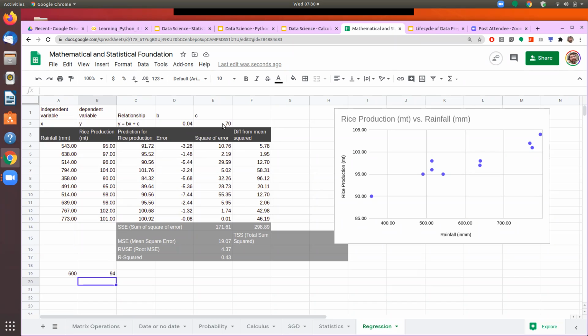Then the concerned department will say that okay, last year the production was 101, this year the production is 94, and therefore we are likely to have a 7 million tons shortfall in the production. Is it going to affect different aspects of the economy? It will help the planners. Now we have made some estimation, but how do we know that this estimation is good or bad?